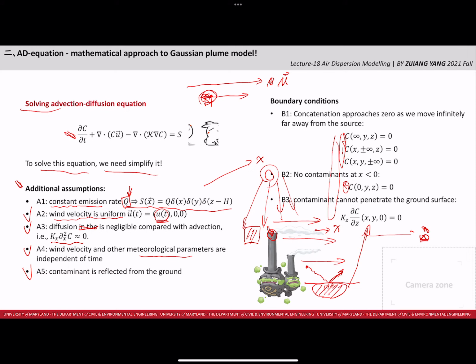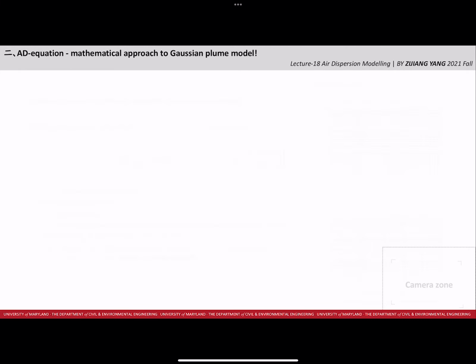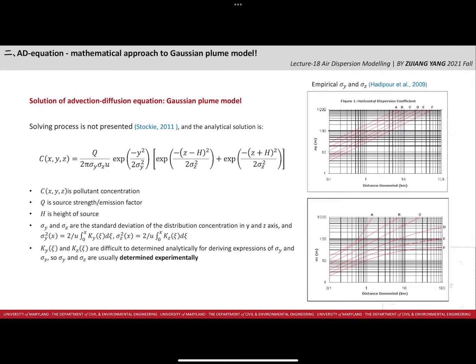You don't have to remember the math of that. By having all of these assumptions, we can solve this equation, and the solution is like this. I'm not going to show the process of how to solve that equation, but if you are interested, you can read this paper, which I put as the reading material.